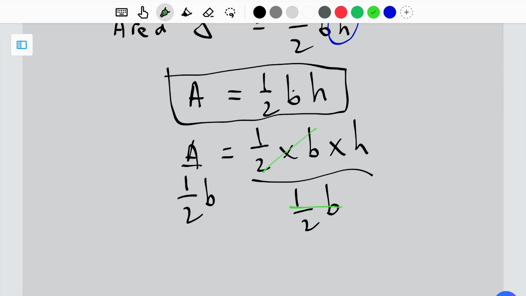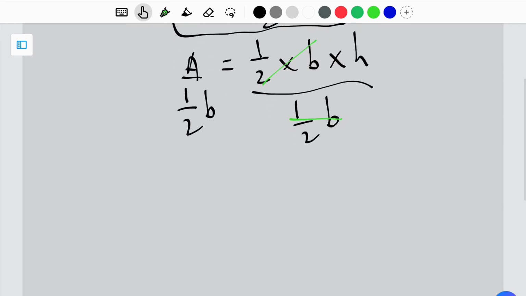So what am I left with? I know this looks a bit all over the place, but on the left hand side I'm left with area divided by a half base.